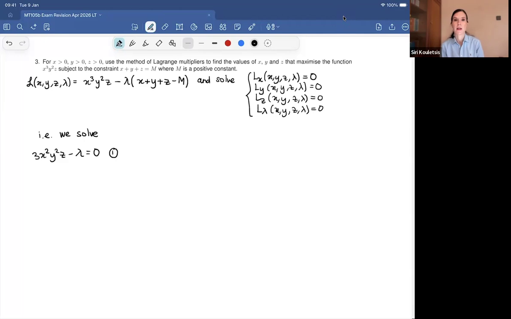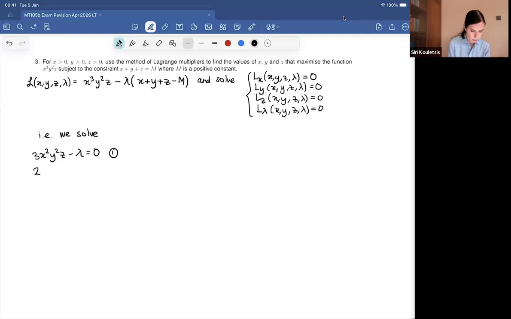Moving on to differentiating L with respect to y, we now treat x, z, and lambda as constants. So looking at the first term here, the power 2 is going to come down, so y squared here, that part will be 2y. And then we just keep x cubed and z because they're treated as constants.